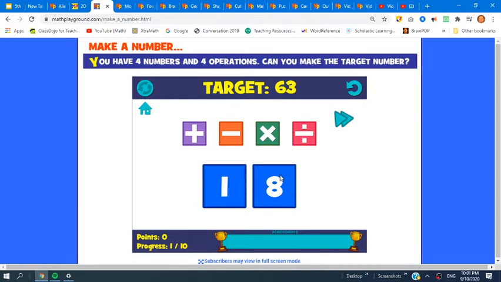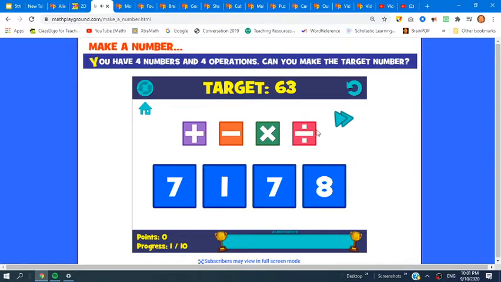I know that 8 times 7 is 63, so I gotta figure out how to get my 7. 8 minus 1 equals 7. Now 7 times 8 is 63, but I still don't have that. So let's try something different. What could we do now?